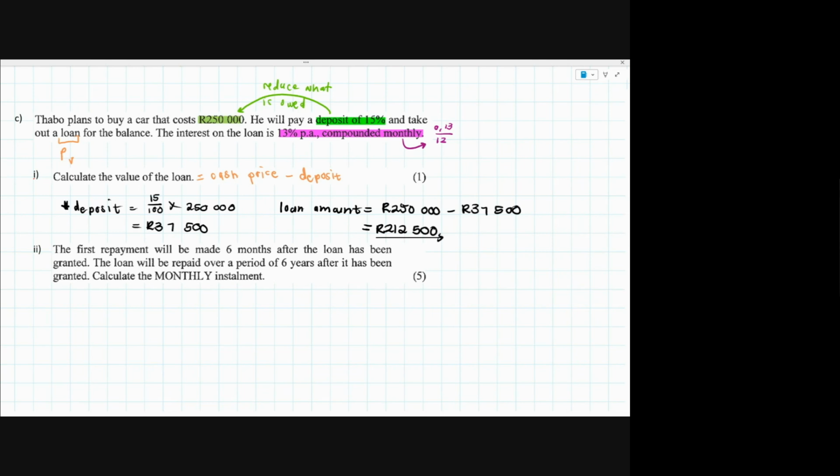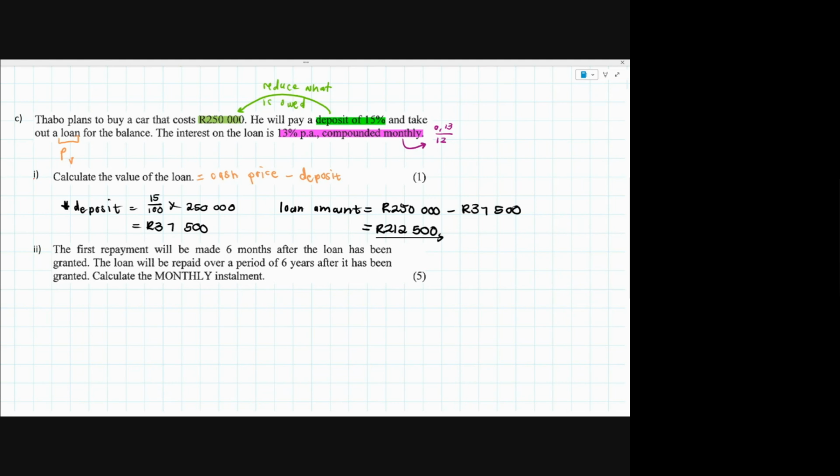Okay, so this is now how much he is going to loan from the bank or loan from the lender, whatever the case is, to pay off the car. Again, you have already paid the 37,500 Rand. That's been paid. No legal loan contract can charge you interest on something you have already paid. And this is going to be important in the next question.